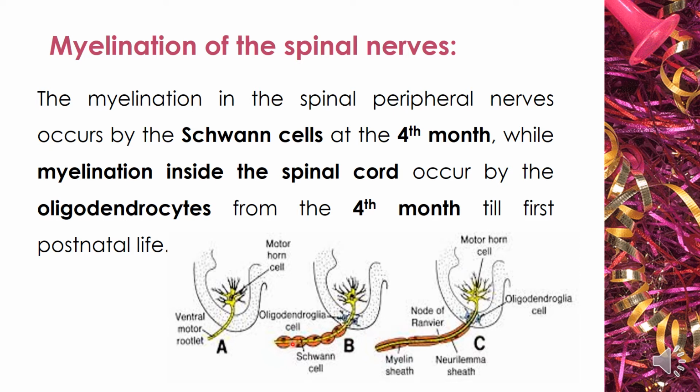Myelination of the spinal peripheral nerve occurs by the Schwann cells, while myelination inside the spinal cord occurs by the oligodendrocytes.